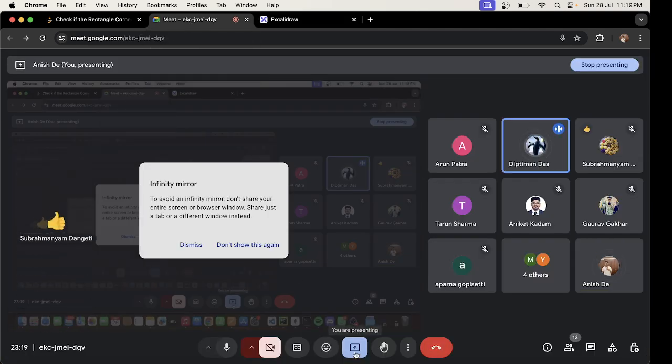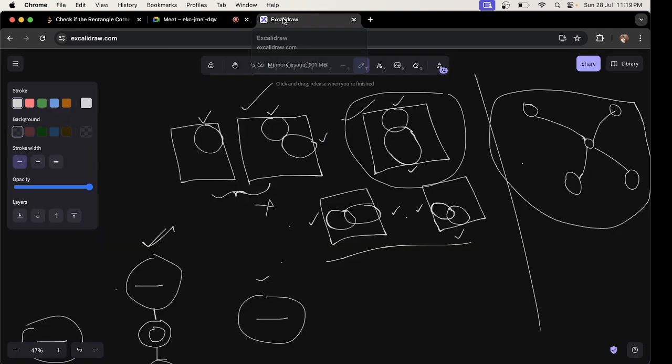So how we are going to do this is we'll represent every circle as a node, and after that we'll take the 4 edges as nodes. Now for each circle we'll check all the 4 edges, whether that particular circle is connected to it or not.